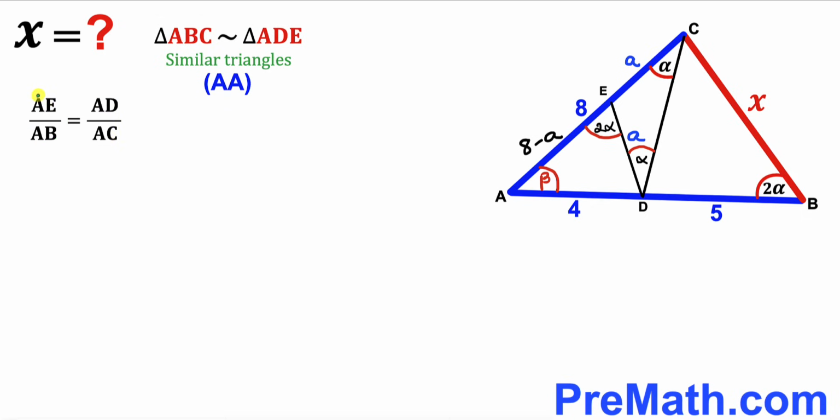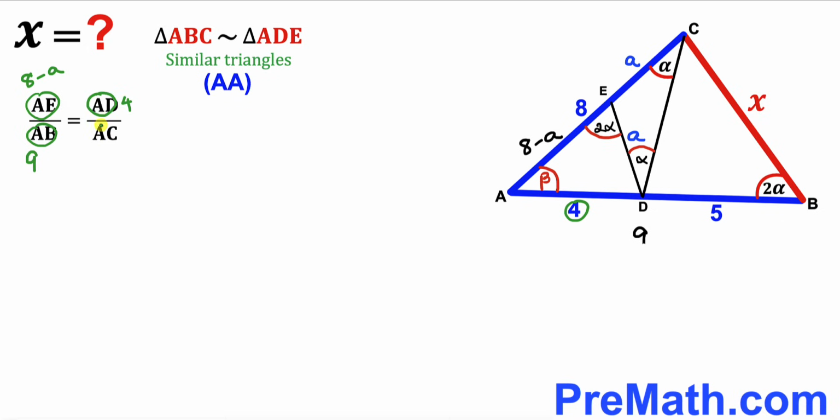And now let's focus on this AE segment length, which is 8 minus a. So I'm going to replace that one with 8 minus a over here. And now let's focus on this AB segment length. We know this whole AB side length equals the sum of these two individual lengths, 4 and 5. That is going to give us 9 units. So therefore our AB length turns out to be 9. And now our segment AD length is 4. So I'm going to replace that one with 4.